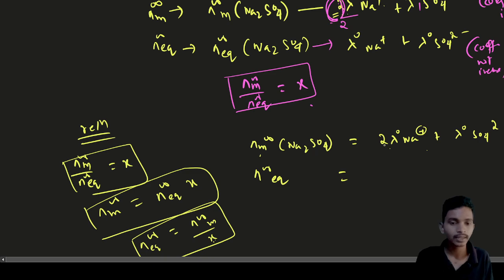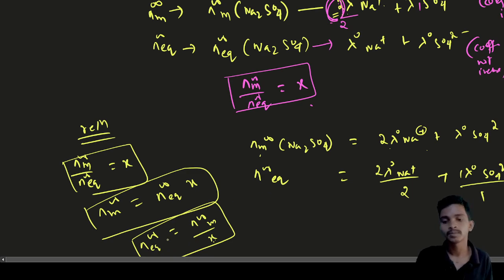Here x is the coefficient, so whatever the coefficient is, that is the x. So for Na plus, the molar conductance is divided by x, and x is 2. Similarly here it is 1, so here also x is 1. The x factor comes whenever we are doing the equivalent conductance, and this x factor is the same as the coefficient, so they cancel.